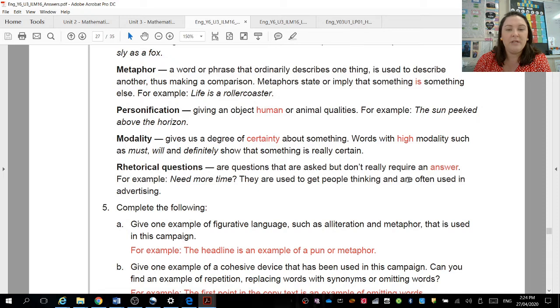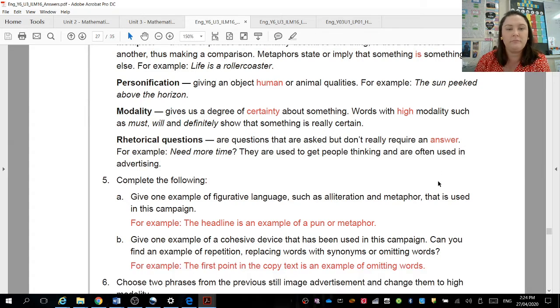Personification: giving an object human or animal qualities. For example, the sun peeked above the horizon. A sun can't peek; we can peek over something, or an animal can, but the sun can't. But it's a beautiful way to describe the sun. Modality gives a degree of certainty about something.